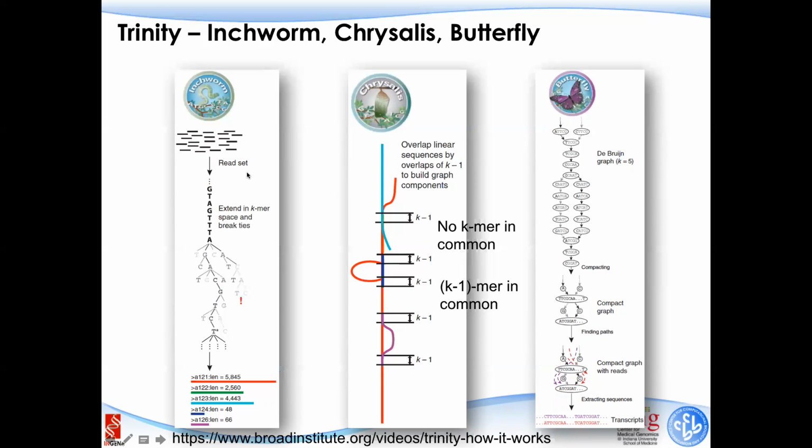Imagine there is one isoform, with k-mers starting from it, and we just link it and we get the isoform done. Then for the rest of the reads, we may start from a second isoform, just another isoform.